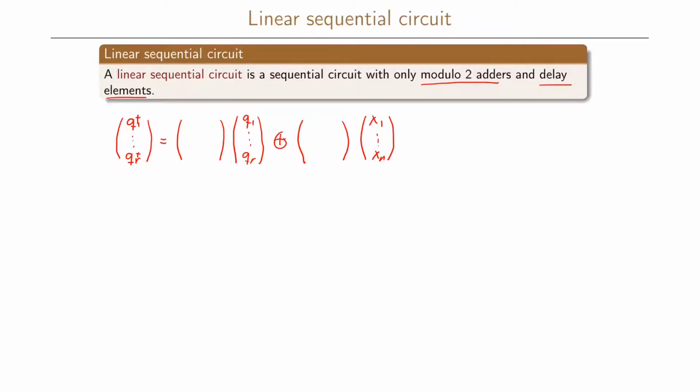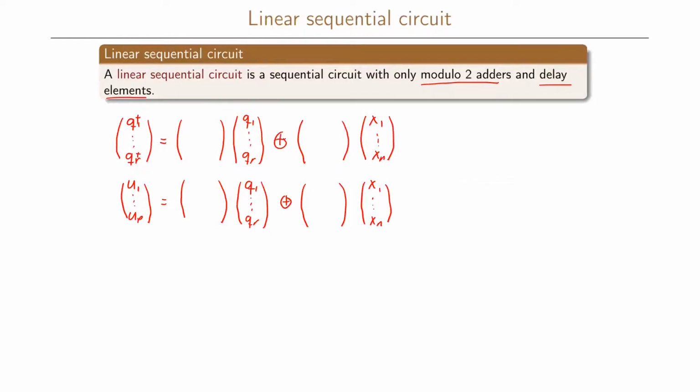And similarly, we can write the outputs u1 up to up as a column vector, and this equals some matrix times the current state q1 to qr plus another matrix times the input variables x1 to xn.